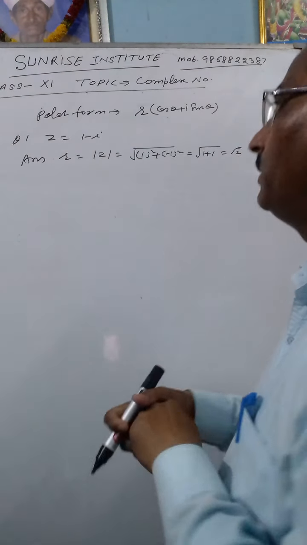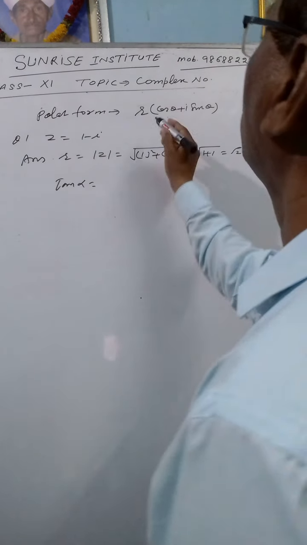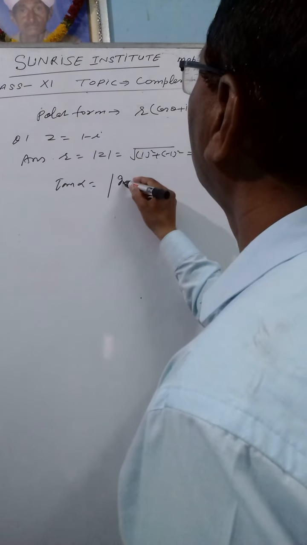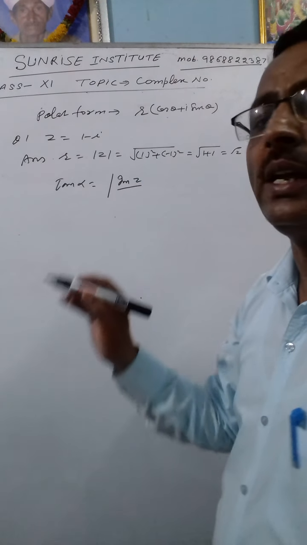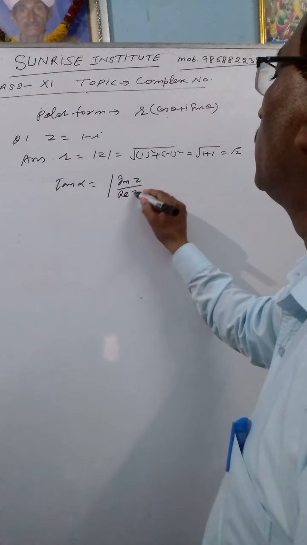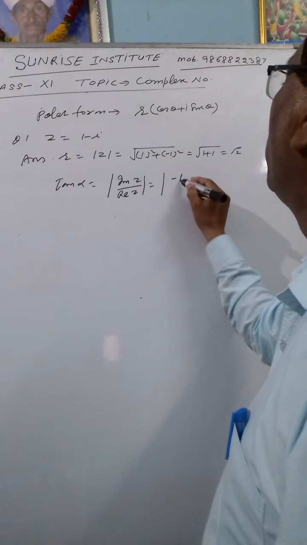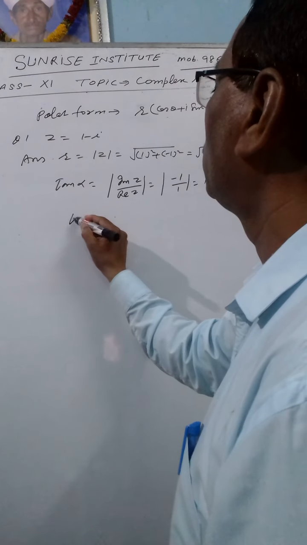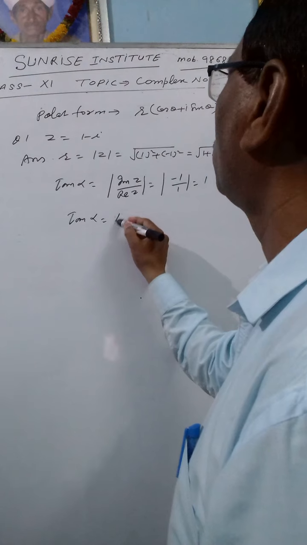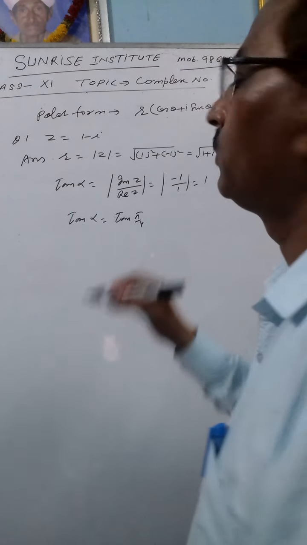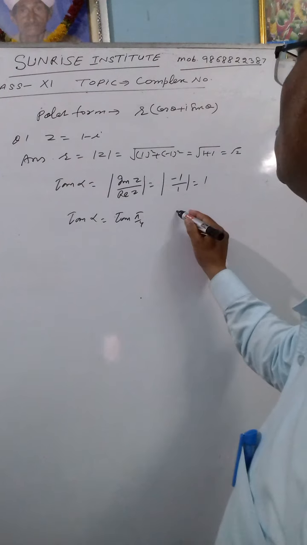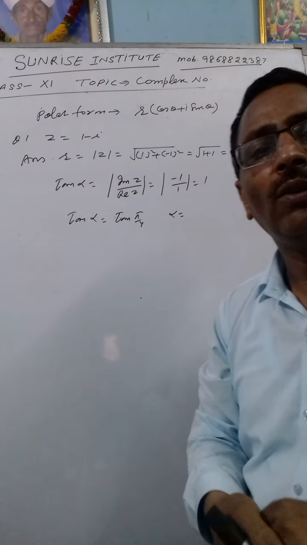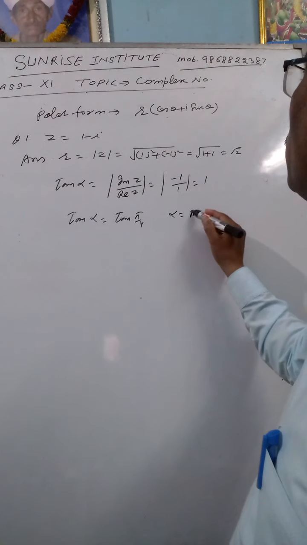Then to find theta, tan alpha equal to imaginary part of z upon real part of z, that is minus 1 upon 1. Then tan alpha equal to tan pi by 4. Then alpha equal to pi by 4.